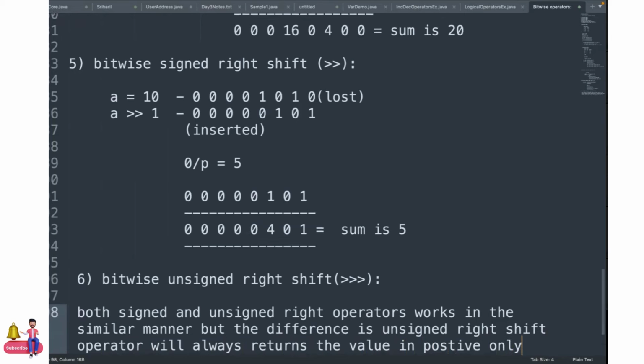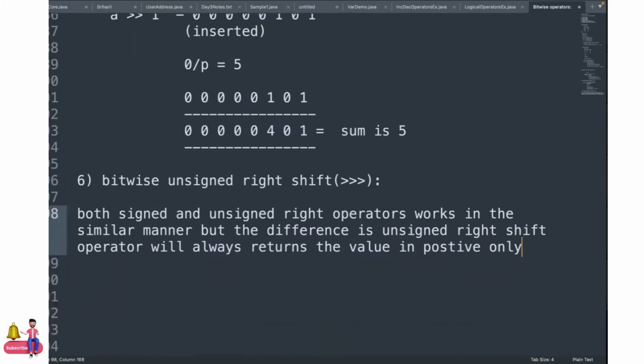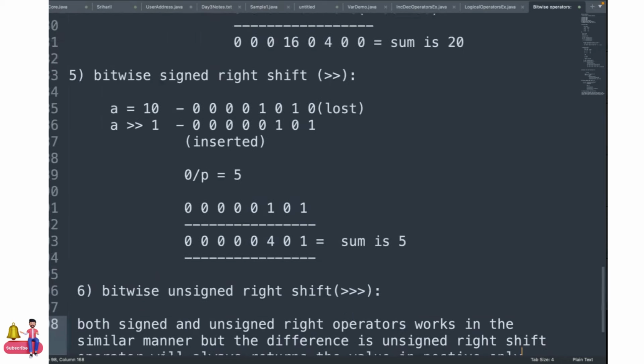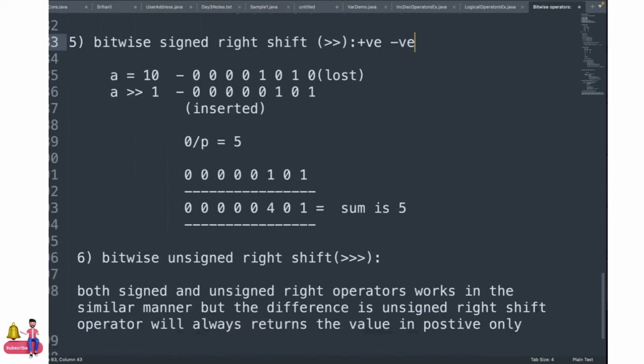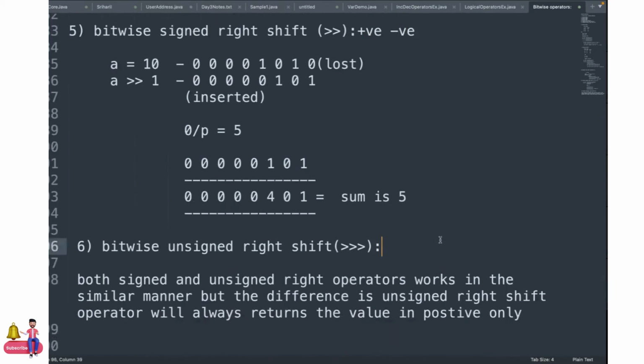When it gives a value, that value will be positive only. There won't be any negative number coming. Whereas in bitwise signed right shift, once it is shifted, you may either get a positive number, or there is also a chance that you may get a negative number. But this one will always give you only a positive number.